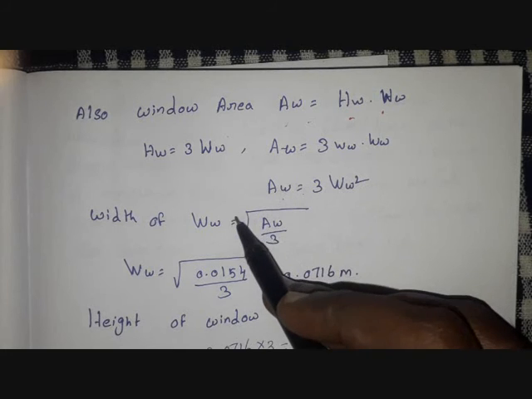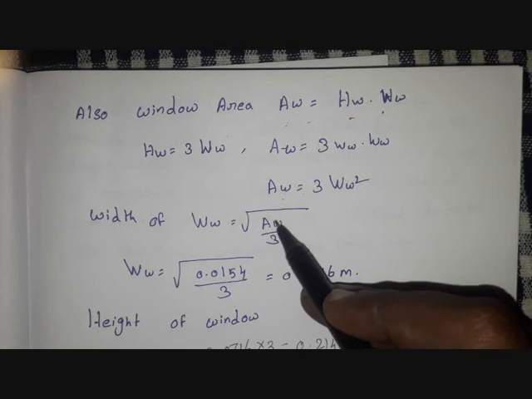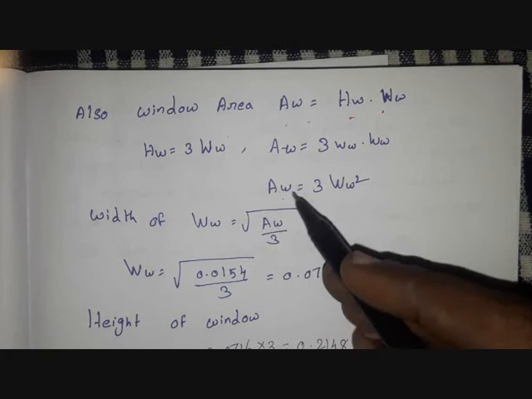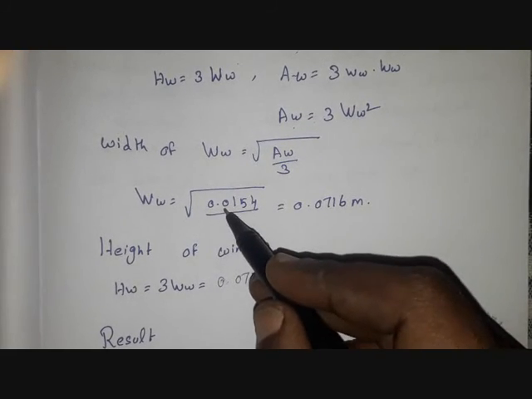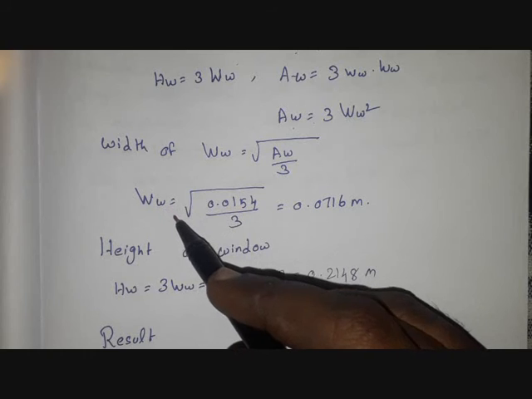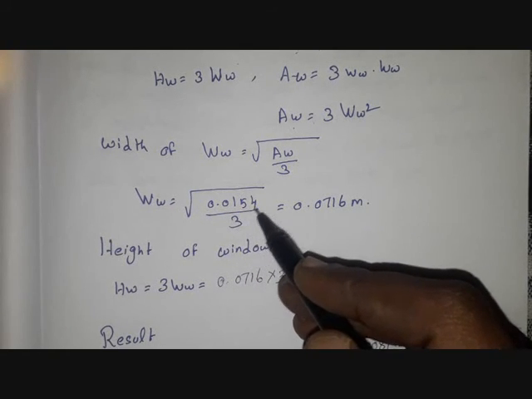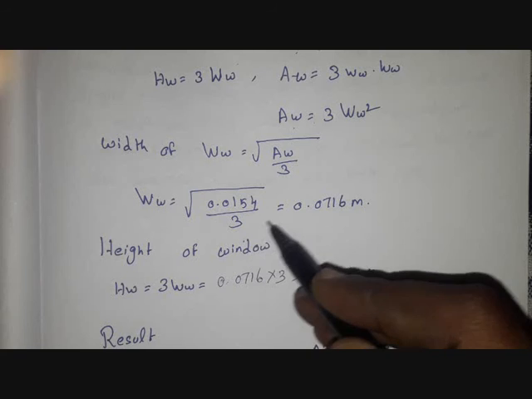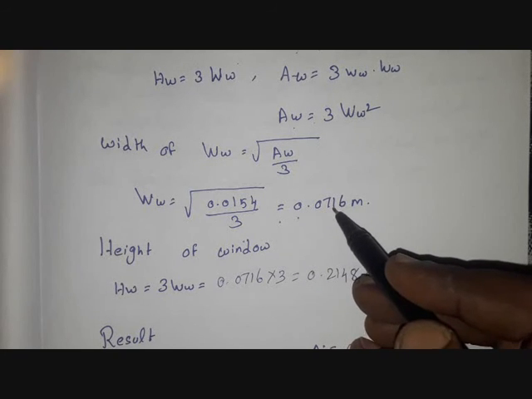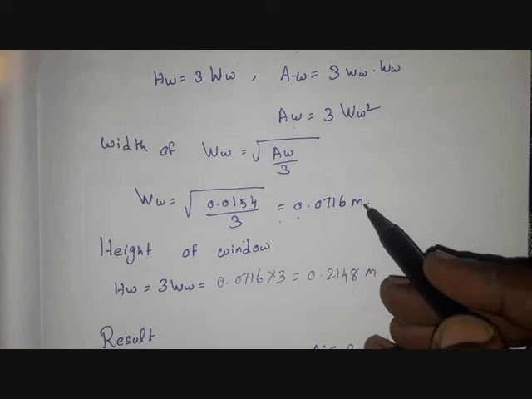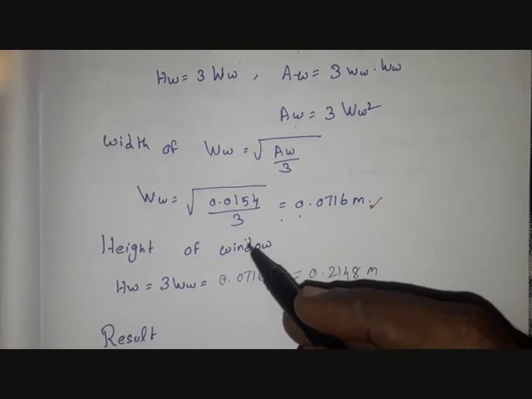So we require width of the window is equal to whole square root of AW divided by 3. Lastly we identify the AW value. Substitute this. Width of the window is equal to whole square root of 0.0154 divided by 3 is equal to 0.0716 meter. So we identify the width of the window.